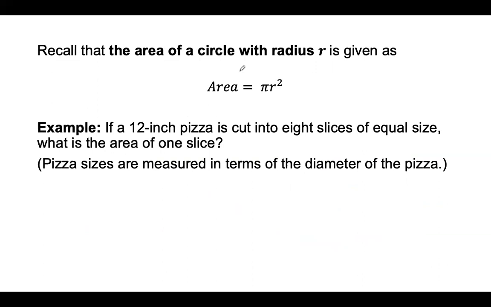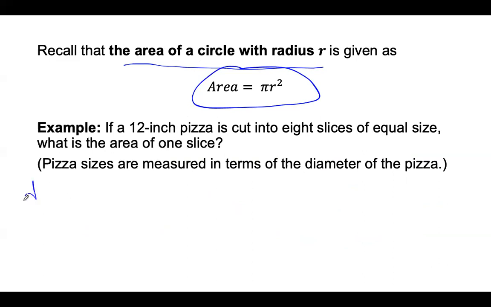Now we know the circle, and I think the area of a circle with radius r, I think you know this from high school. The area is equal to pi times r squared. Now, here's an example using this formula. Suppose you have a 12-inch pizza.